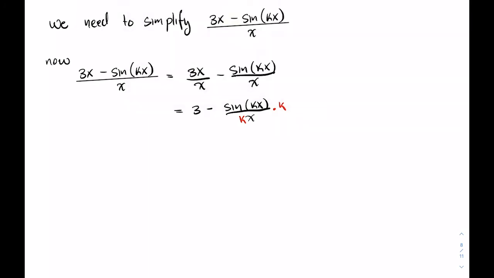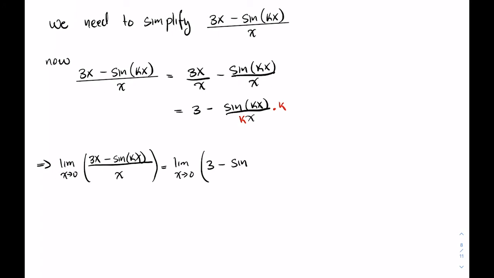So this then means that the limit as x approaches 0 of 3x minus sine kx over x is equal to the limit as x approaches 0 of 3 minus sine kx over kx times k.